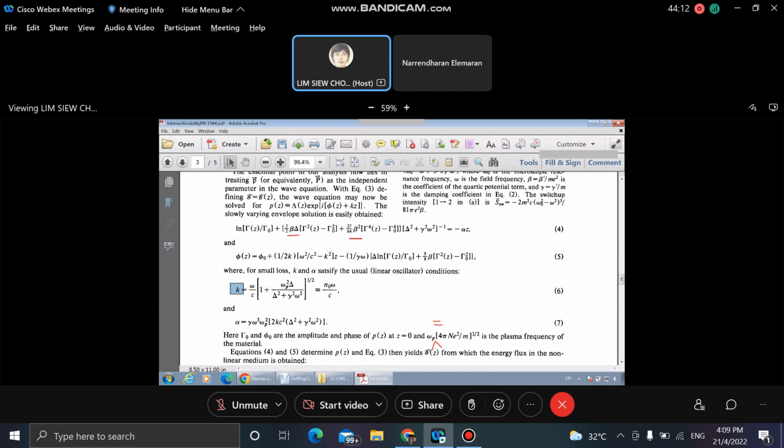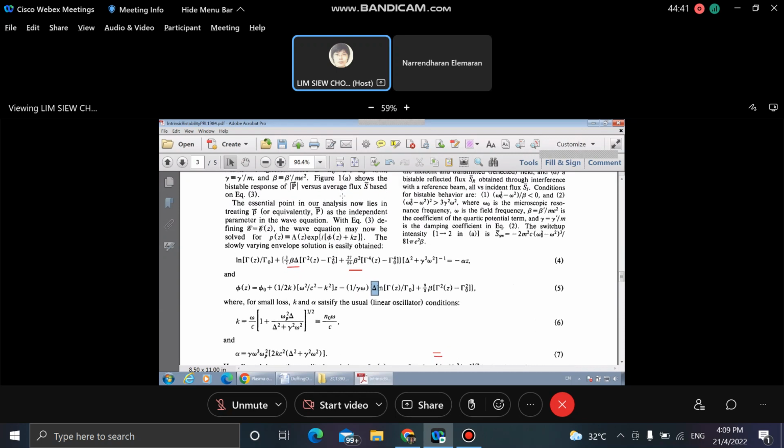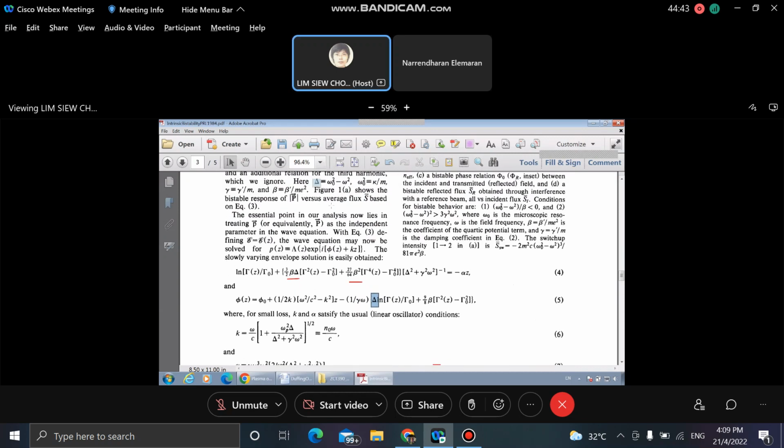Z, you make it values. Z is the distance traveled in the material. This is damping. This delta you can determine from above. Delta from here.